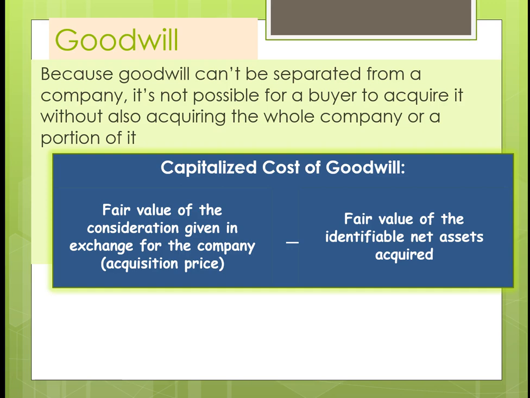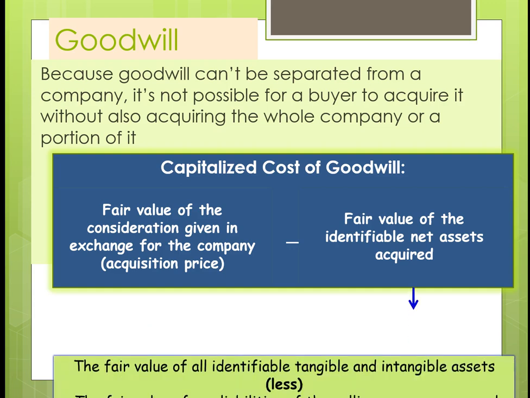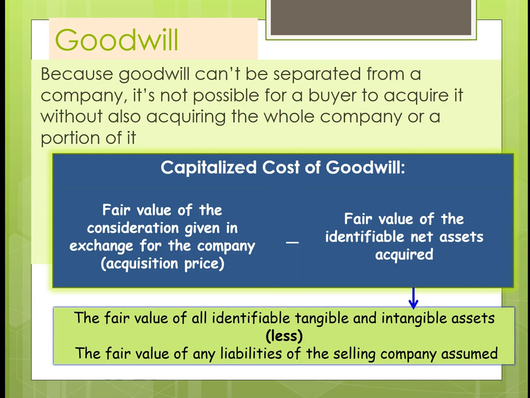So, capitalized cost of goodwill is the fair value of the consideration given in exchange for the company, the acquisition price, minus the fair value of the identifiable net assets acquired. So, what we're doing is subtracting these, and that's how we're going to get goodwill.